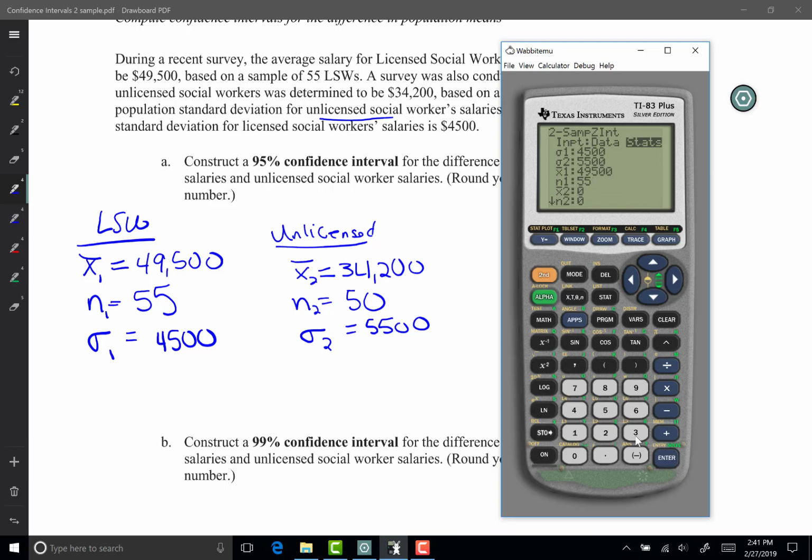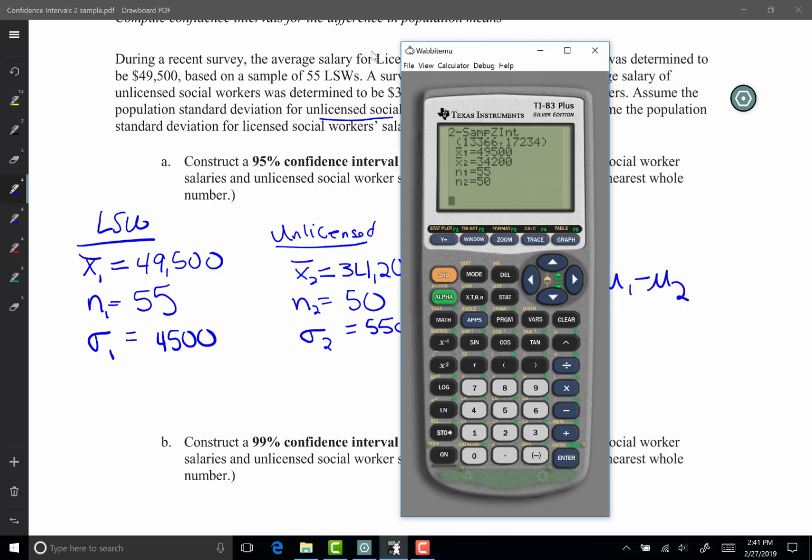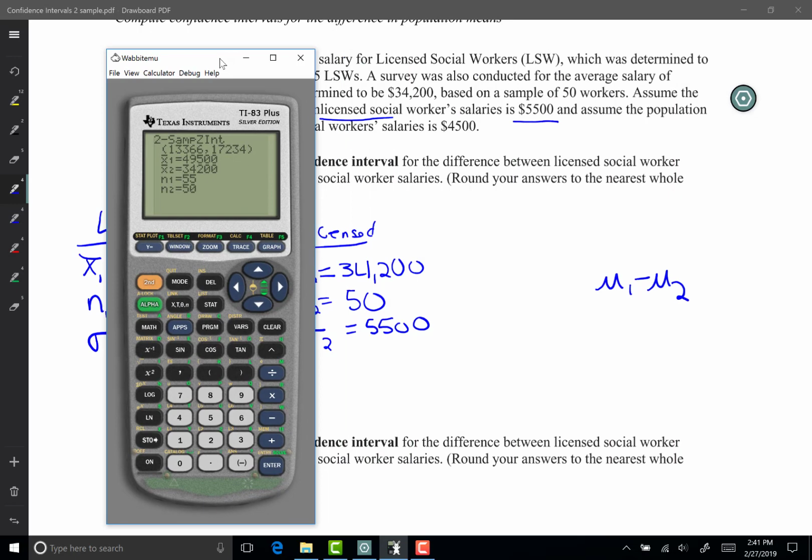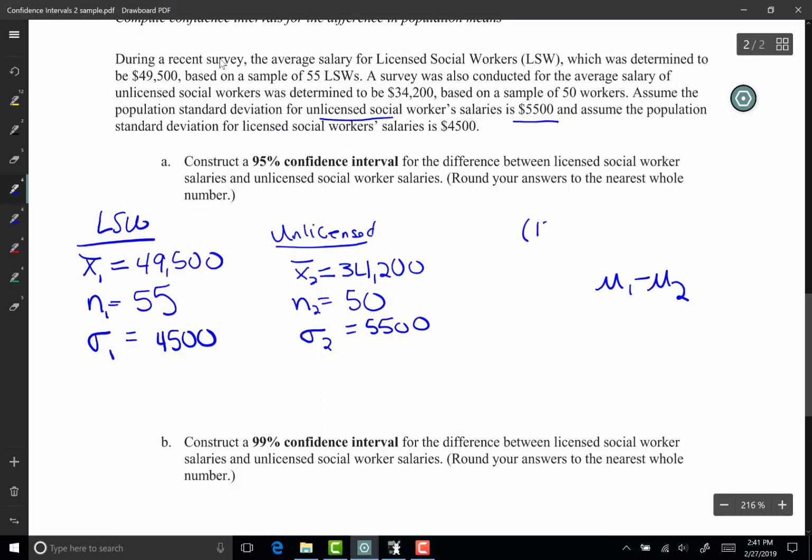The mean for the second sample, the unlicensed workers, was 34,200, with a sample size of 50. Our confidence level in part A is 0.95. And we calculate.